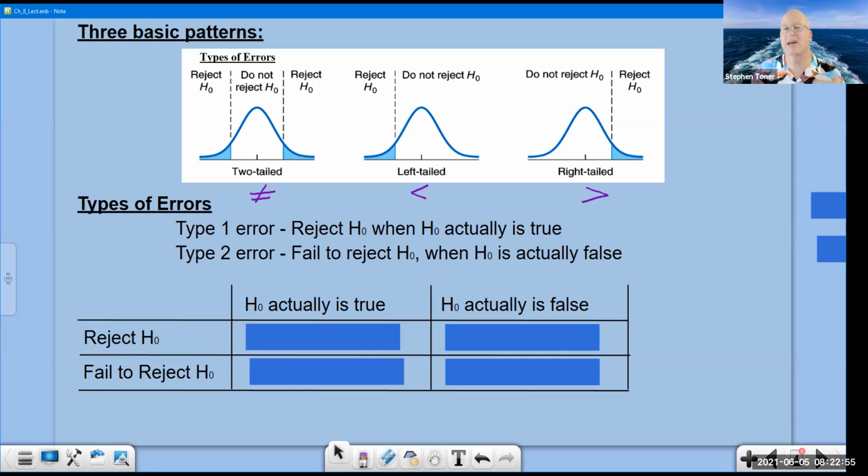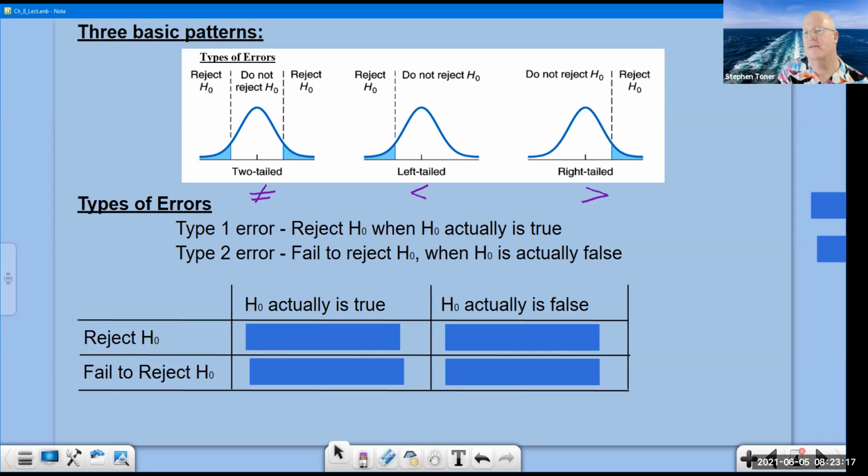Okay, that is a second type of error. Now you need to understand these 2 types of error, and be able to word them for a particular problem or identify them in a particular problem.